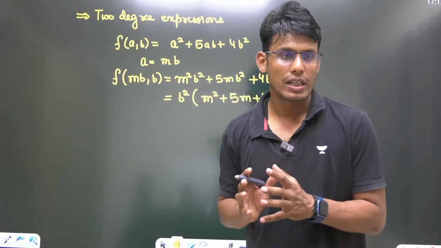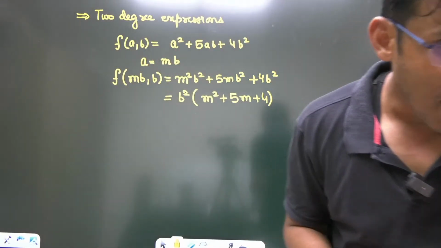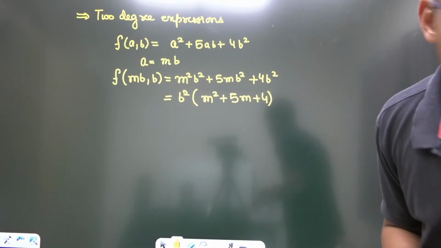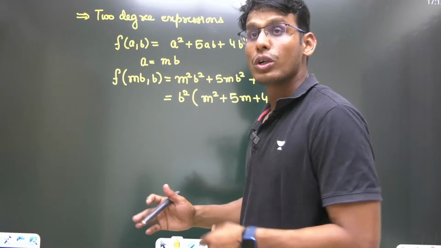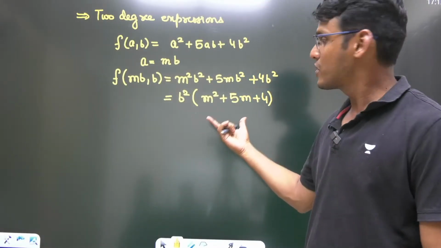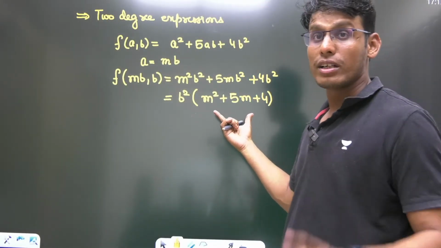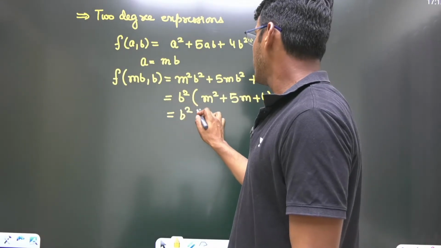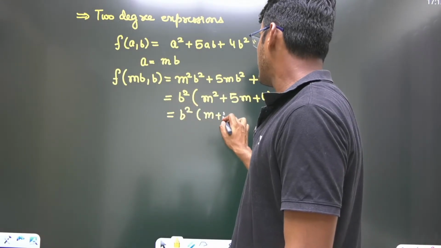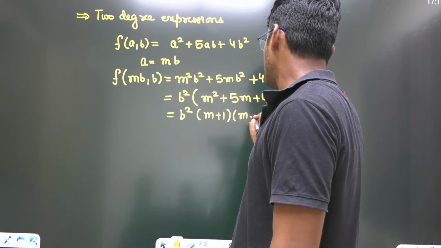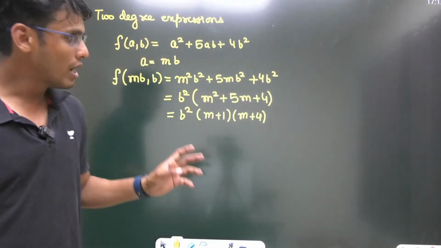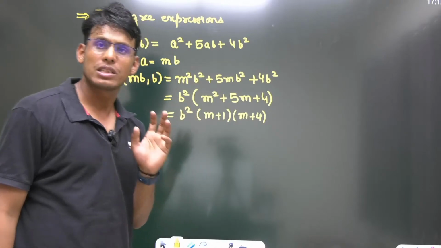Isn't it, guys? Am I making absolute sense here? Now, this we can factorize, right? We have factorized it in the last class, if you remember. So I'm writing it directly: b square into m plus 1 into m plus 4.